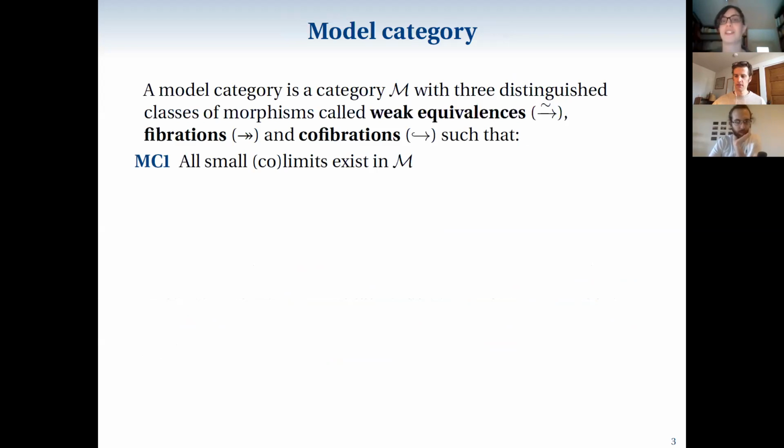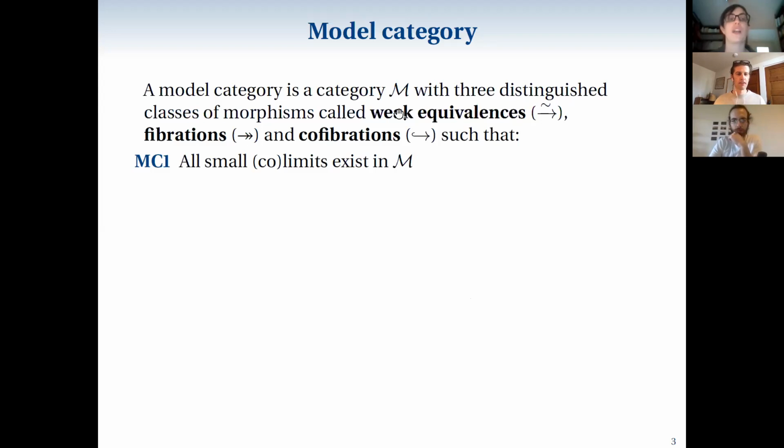A model category is a category where we choose 3 different classes of morphisms. The first one, called weak equivalences, that we identify with this tilde, then fibrations with the double-headed arrow, and cofibrations with a hooked one. We require this category and these classes of morphisms to satisfy 5 axioms.